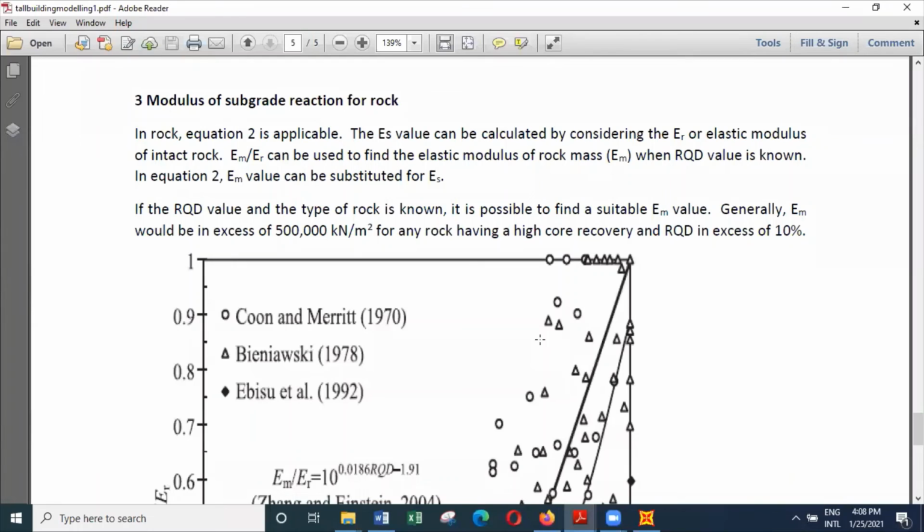So it's stronger than concrete, right? So when you look at that, you will find that the elastic modulus of rock can be something like 40 into 10 to the power 6 kilonewtons per meter squared.